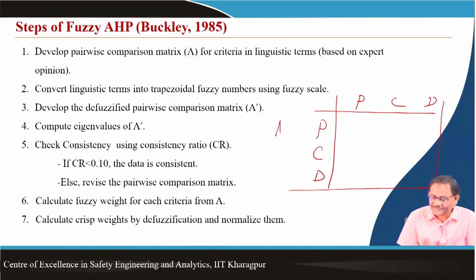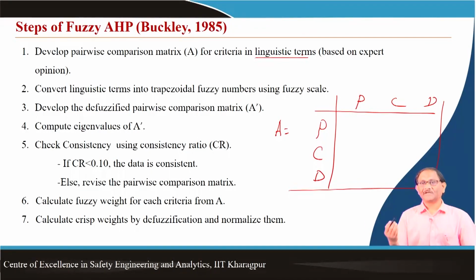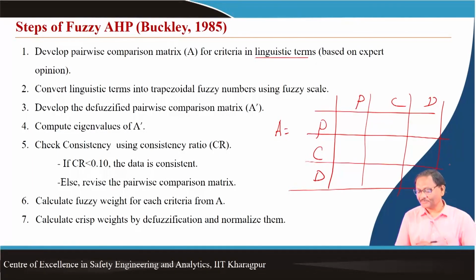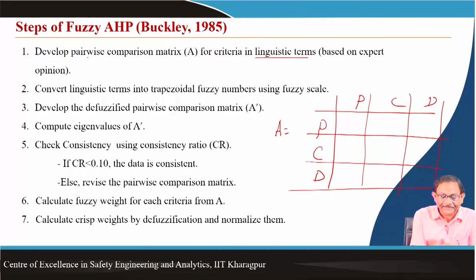This matrix is known as A. It holds linguistic terms, the experts' opinions. If there are more experts, you have to aggregate, but suppose for the time being there is a scale, and experts will give comparative values, saying which one is more important and which is less important. I will show you the criteria in the next slide. First, you have to develop the pairwise comparison matrix.